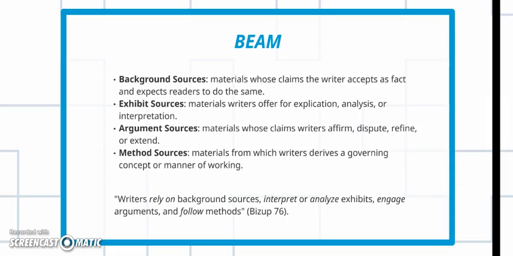So it's a method. It's not something that we argue against. And I guess it kind of blurs over to a background source because we sort of presume or assume that those categories are real and useful. Bizup summarizes it nicely. If you look down at the bottom of this slide, writers rely on background sources, interpret or analyze exhibits, engage arguments, and follow methods.